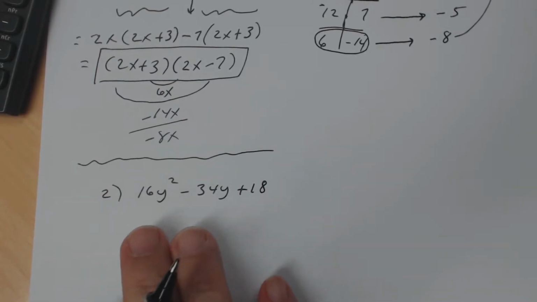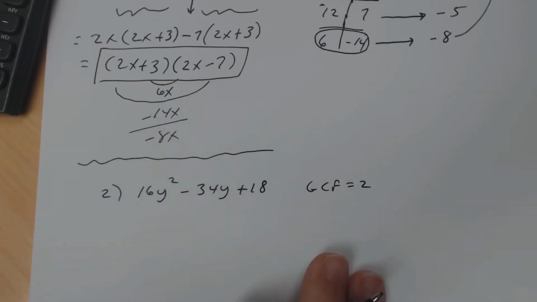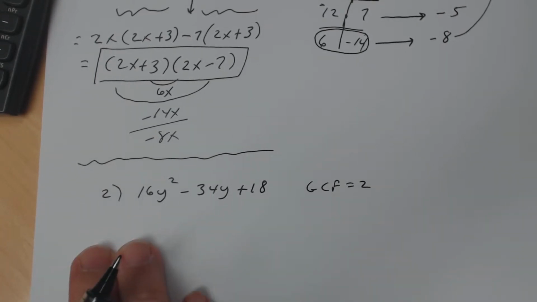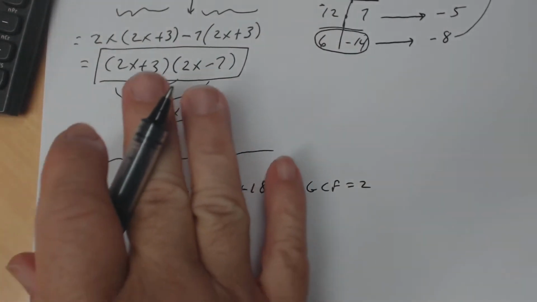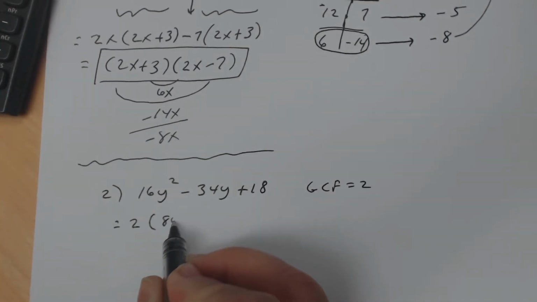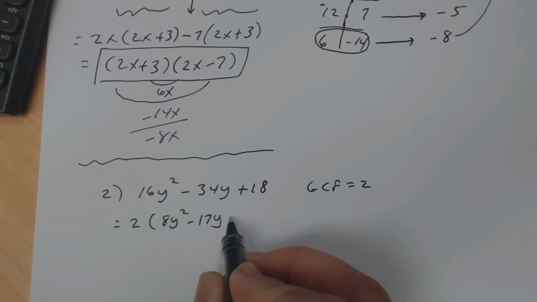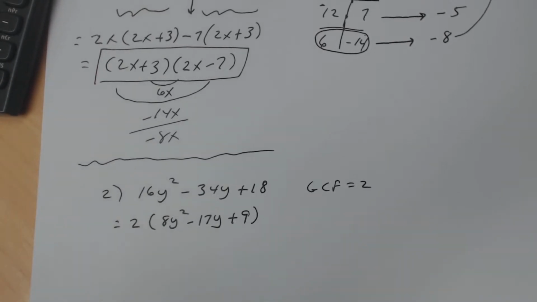In this case, it does. The GCF here is 2. So you want to factor out the 2 first before you go any further with this idea. So we get 2 times 8y squared minus 17y plus 9.